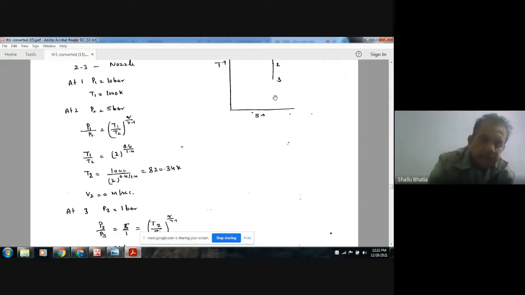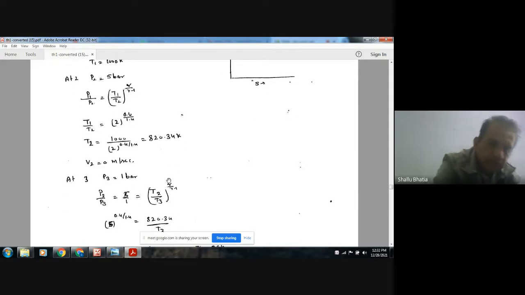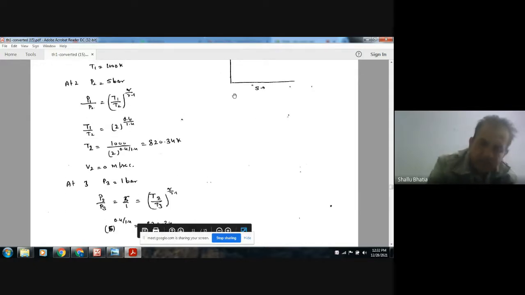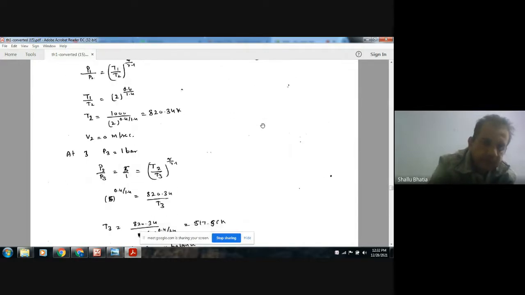Here P3 is 1 bar and P2 is 5 bar, so pressure has been dropped from 5 bar to 1 bar, and temperature T2 is 820. This process is also isentropic, so again using the isentropic relationship, P2 by P3 is equal to (T2 by T3) to the power gamma by gamma minus 1. So T3 is equal to this.